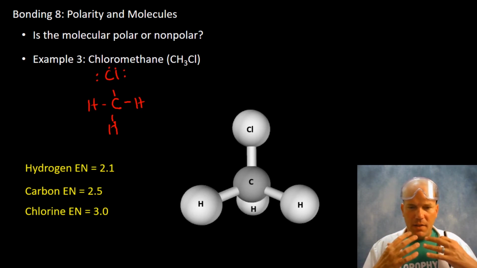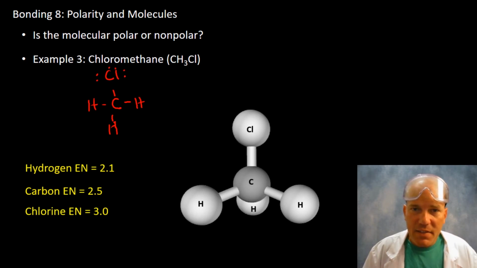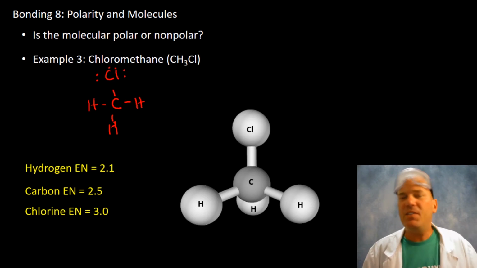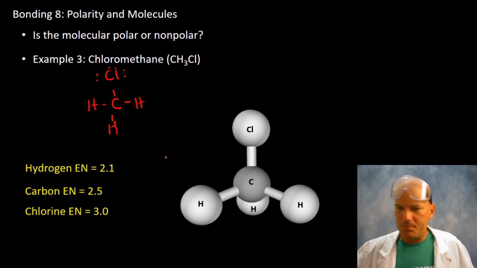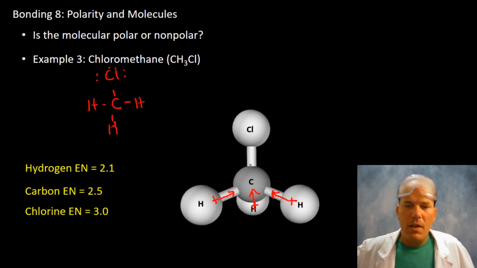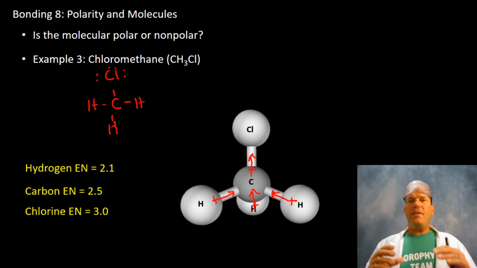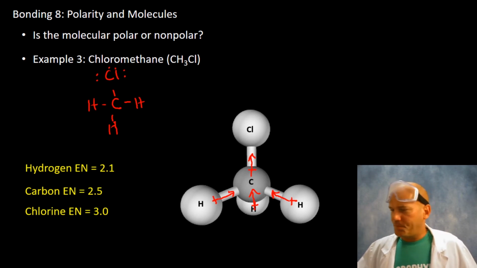This electron group shape is symmetrical. Okay, however, all peripheral species are not the same, so we need to look at the individual dipoles that are being set up here. Okay, and you can see the electronegativity values that I have here with 2.1, 2.5, and 3. So overall, there is a net dipole.